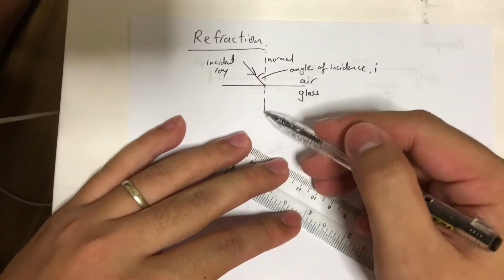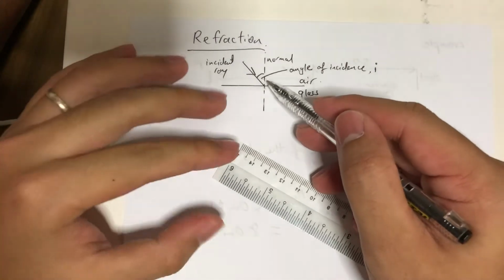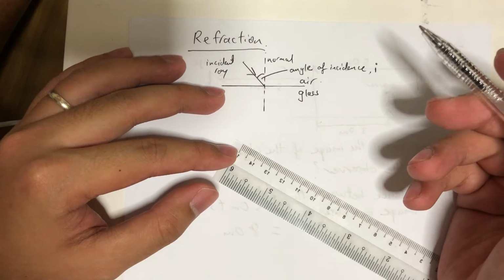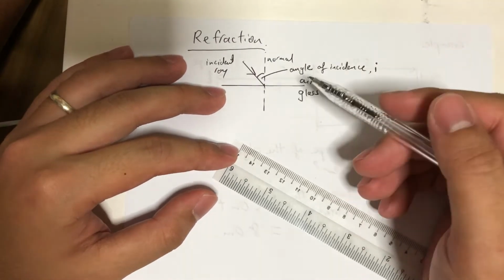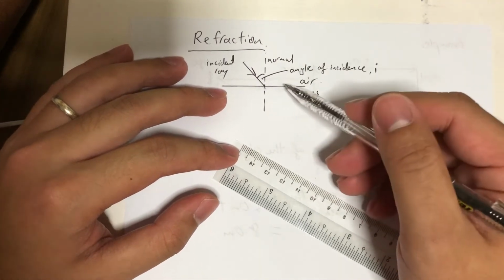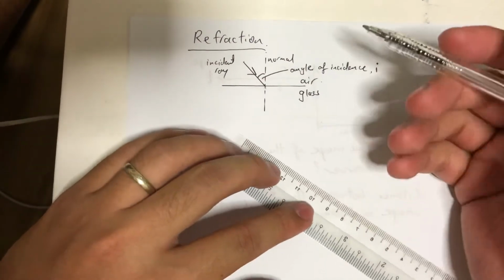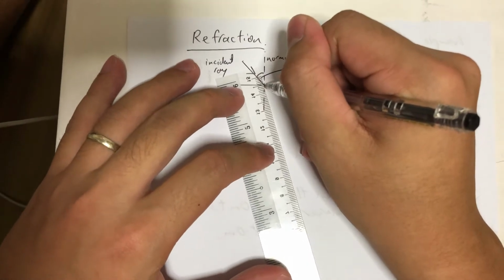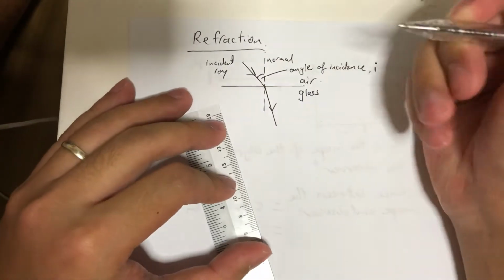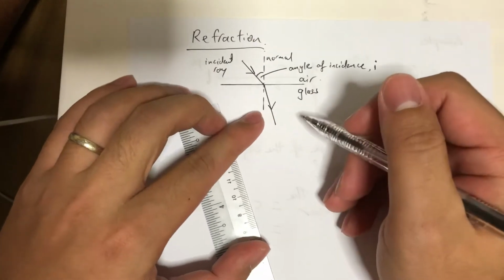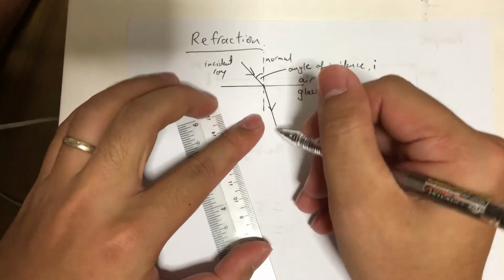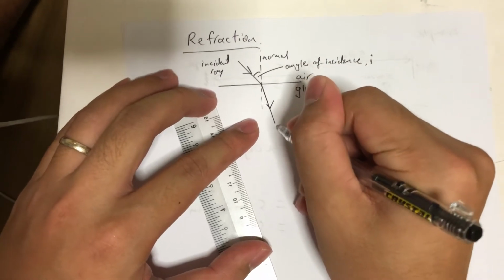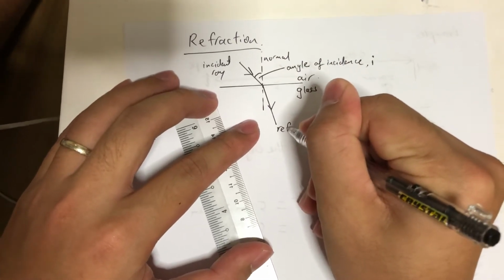The normal to the surface is just an imaginary line that is 90 degrees to the surface itself. Now, when a light ray comes in from air and hits the glass, we actually will observe the light ray bending. And how does it bend? It actually bends towards the normal. This light ray that bends, we call it the refracted ray.